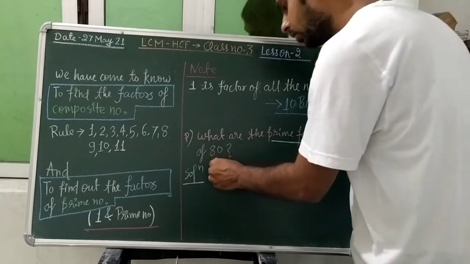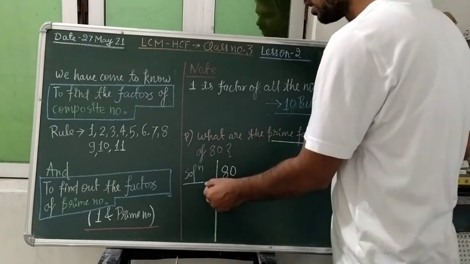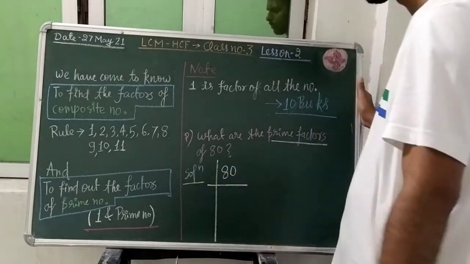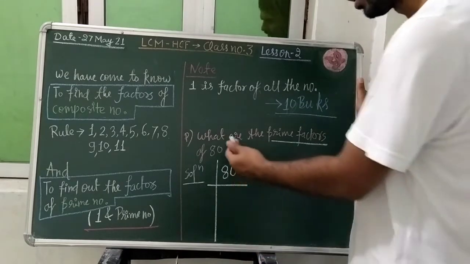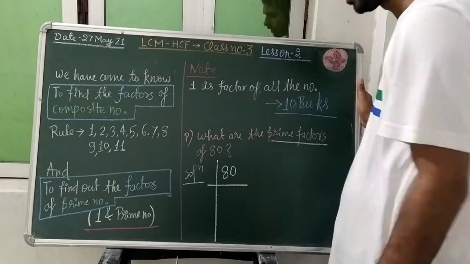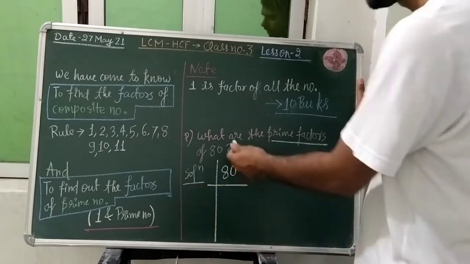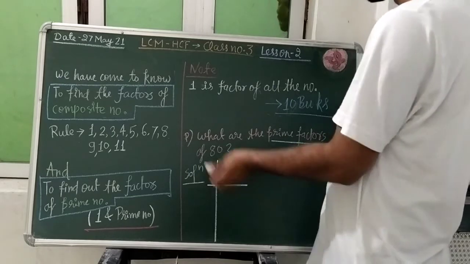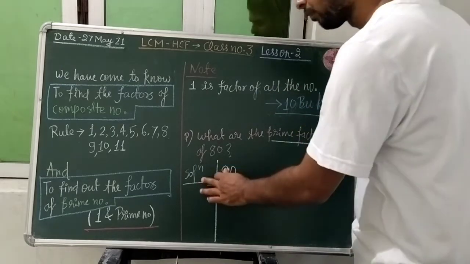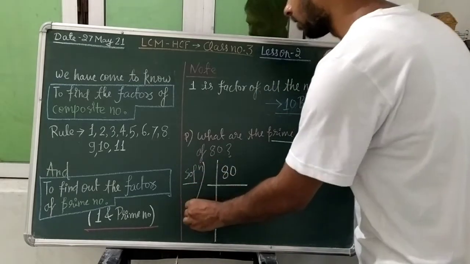So look students, I have told you that 80 is a composite number, it is not a prime number, and we want to know what will be the prime factors of this 80.